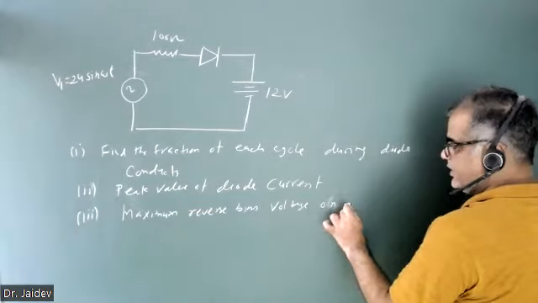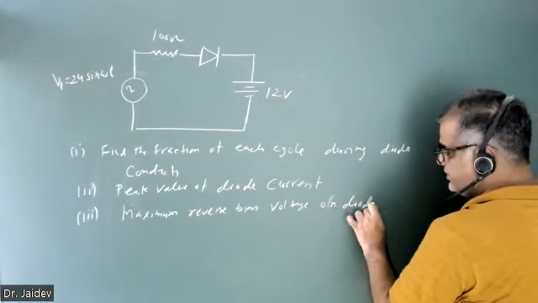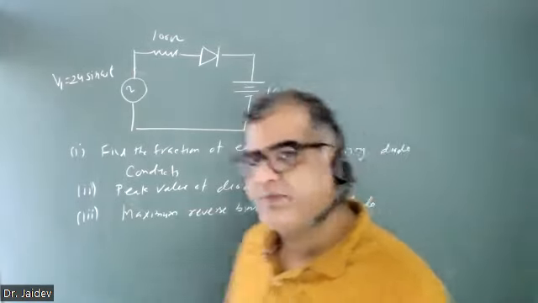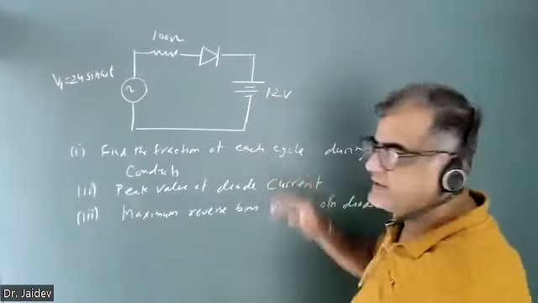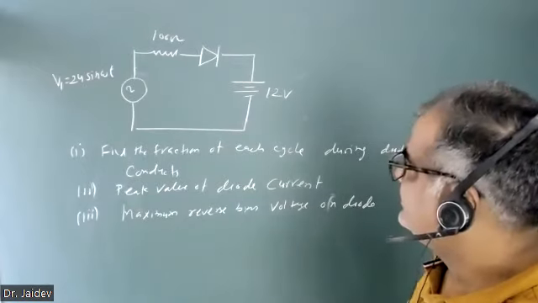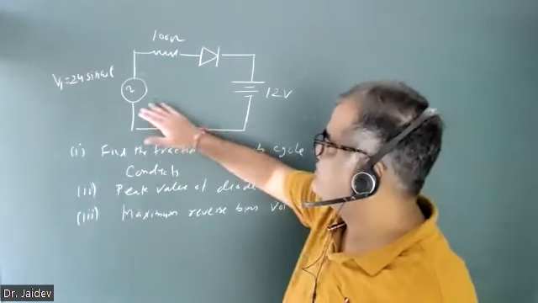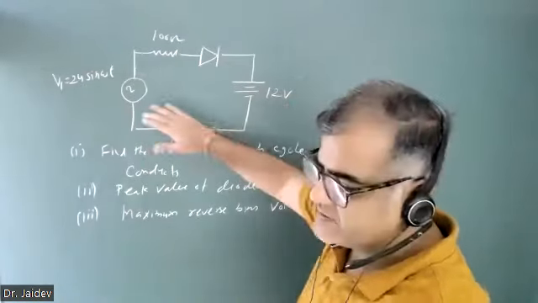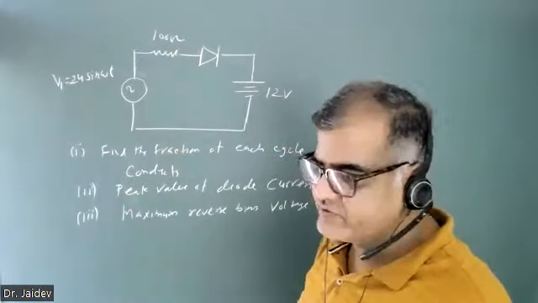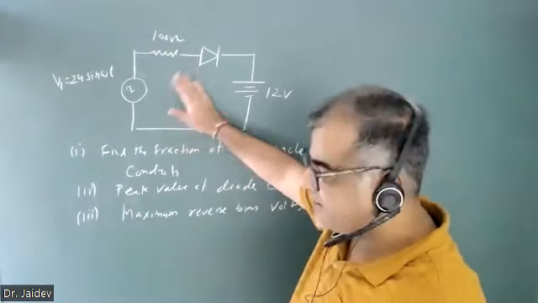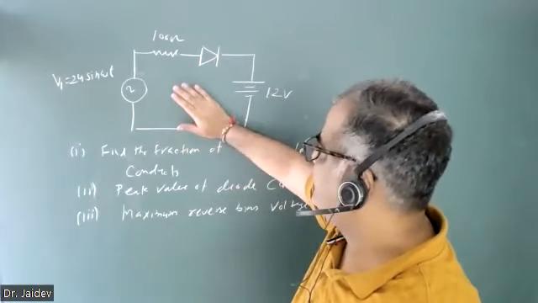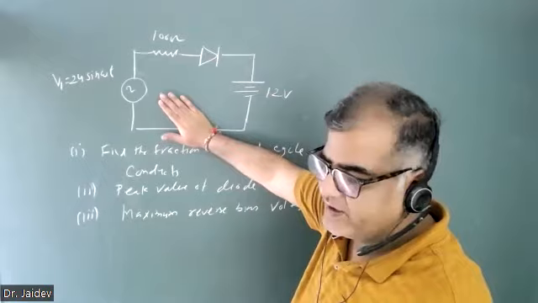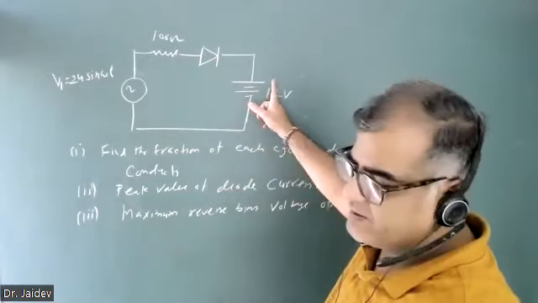As you can see from the circuit, in the beginning your diode is reverse bias. So obviously it will not conduct for the full positive cycle. Only for a fraction of the cycle will the diode conduct, whenever the input voltage, this 24 sin omega t, is greater than 12.